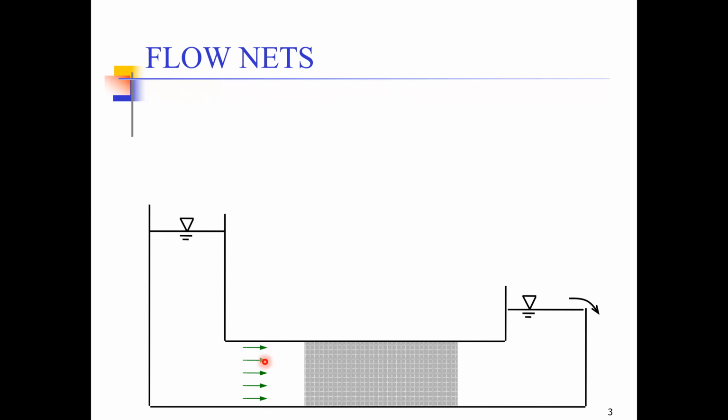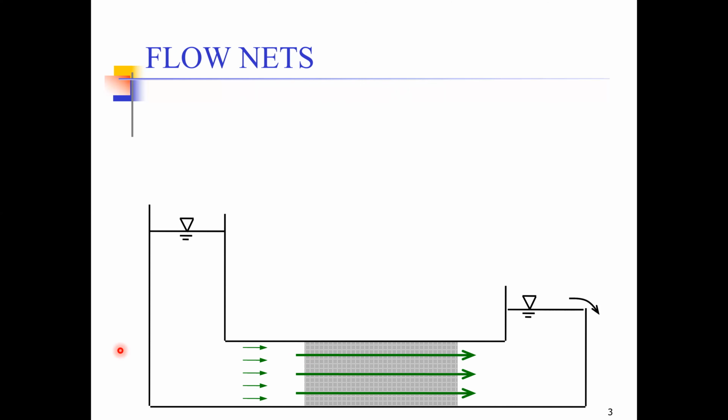Now, if I ask you that there is a particle of water which is somewhere over here as represented by the cursor, what will be the direction of flow of that particle of water, or more precisely, what will be the path adopted by the water particle, you can probably tell me that this will be the path adopted by different water particles.